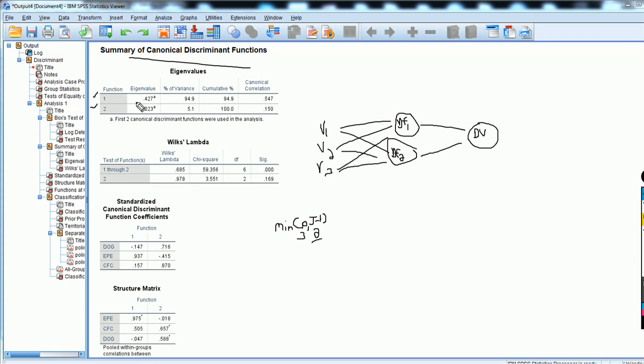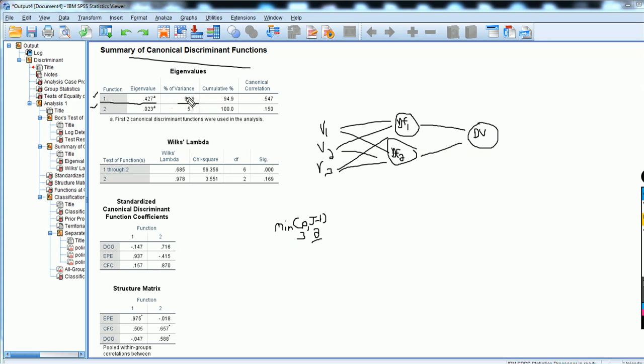First, when we look at each of the individual discriminant functions and their relationships to the DV, in line 1 you get an eigenvalue, which is basically a variance estimate indicating the amount of between group variation on the predictor variables that's being accounted for by this particular function.